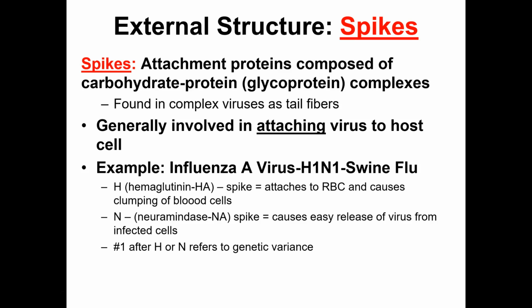Another interesting thing about those spikes, and why the flu is often kind of something we worry about year to year, is that the flu virus can mix and match these spike types. Right? We worry about species jumps from avian bird flu or swine flu jumping into humans because animals can be afflicted with multiple types of the flu at one time. So, for instance, it's a game of mixing and matching.